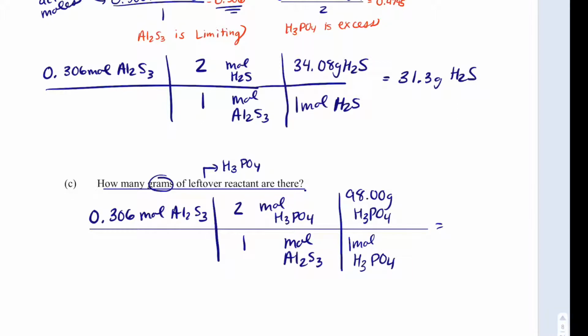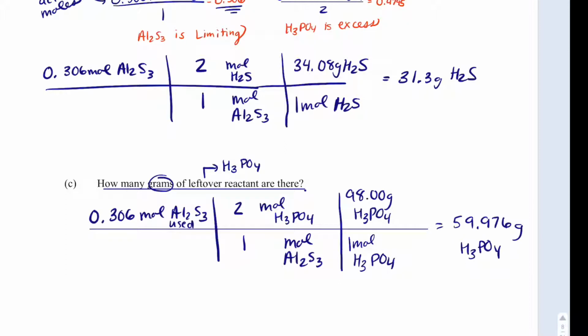And when I map this out, I get 59.976 grams of H3PO4. But the problem is what I've just converted was how much aluminum sulfide I used to how much H3PO4 I used. Okay, because there's no more leftover aluminum sulfide because it's limiting.